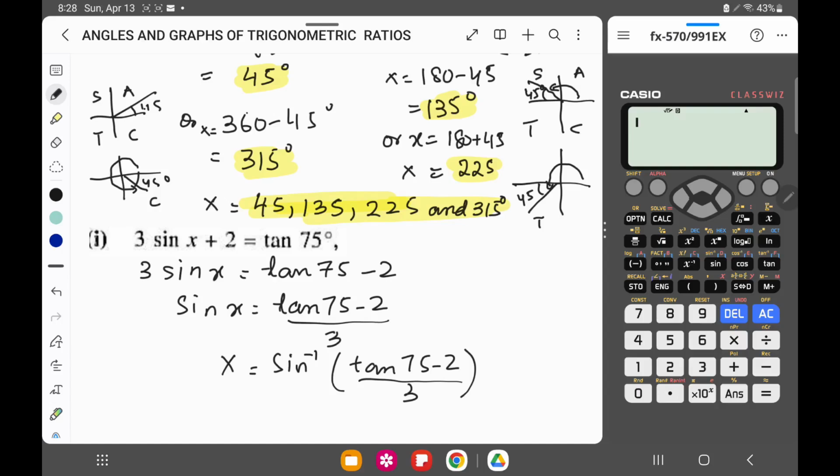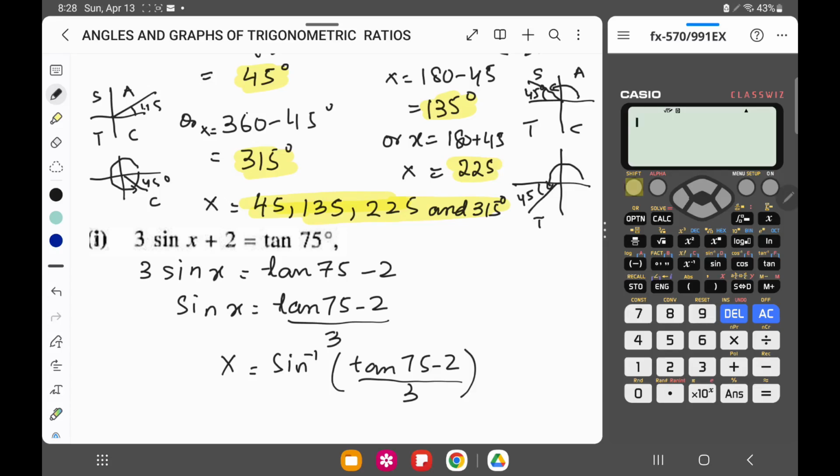So here it is. You can find out sine inverse and tan 75 separately also, doesn't make any difference, but don't write down the number when too many decimal places are there, because then it makes a difference in your answer.